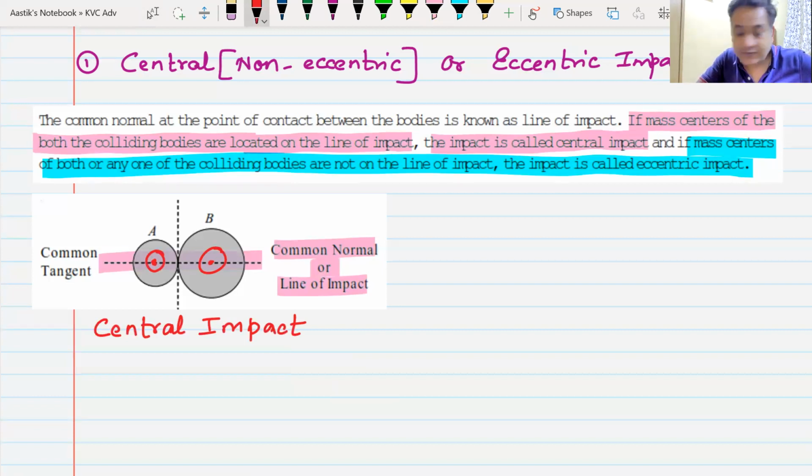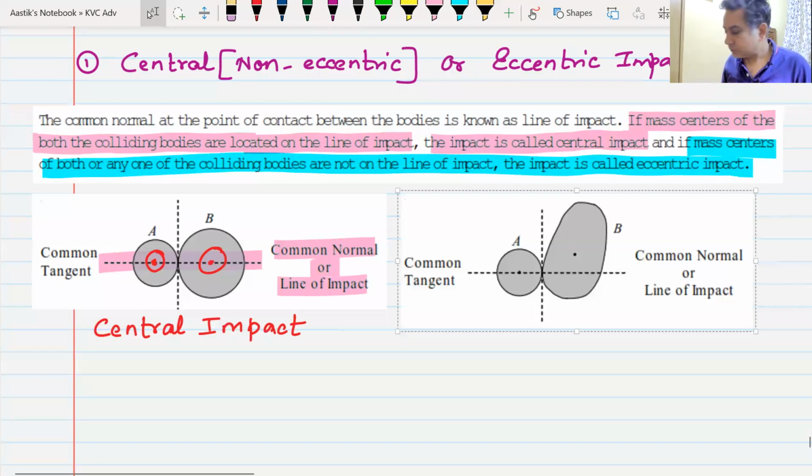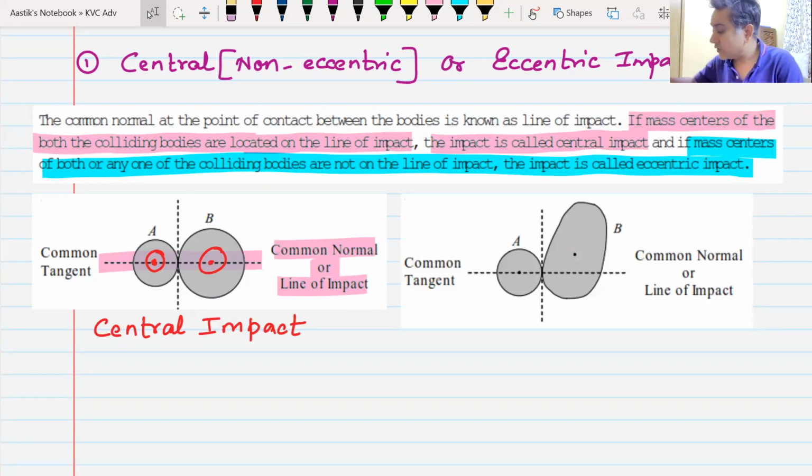The other type of impact will be known as an eccentric impact. What do you mean by an eccentric impact? This is a good example of an eccentric impact. I can give you more examples. You can see here the common normal or the line of impact is like this.